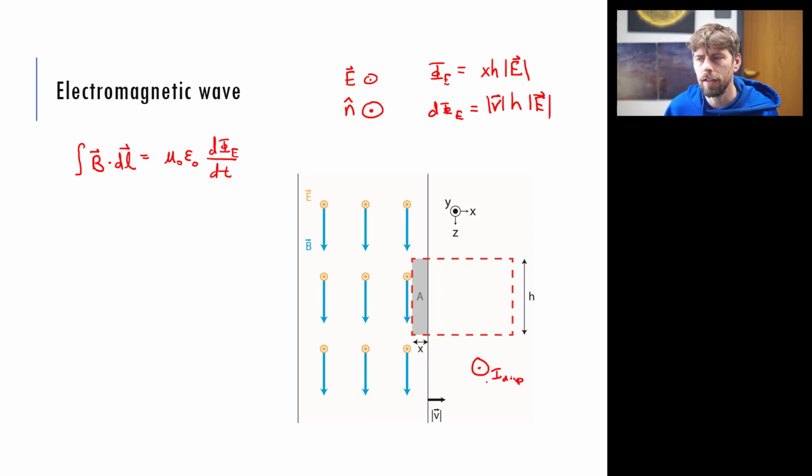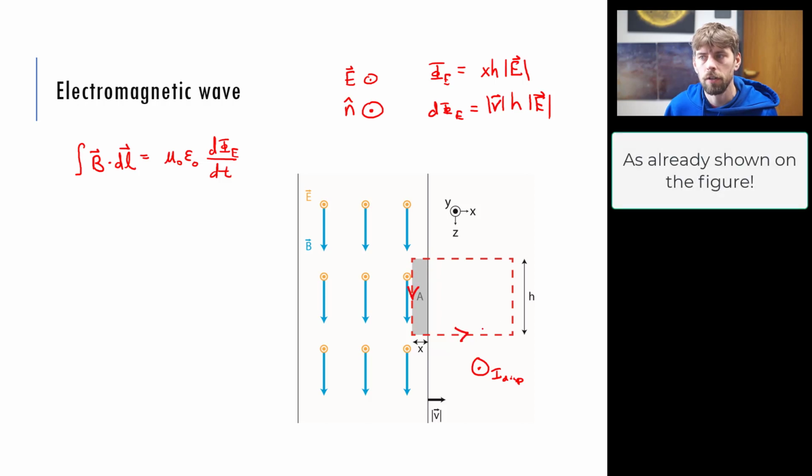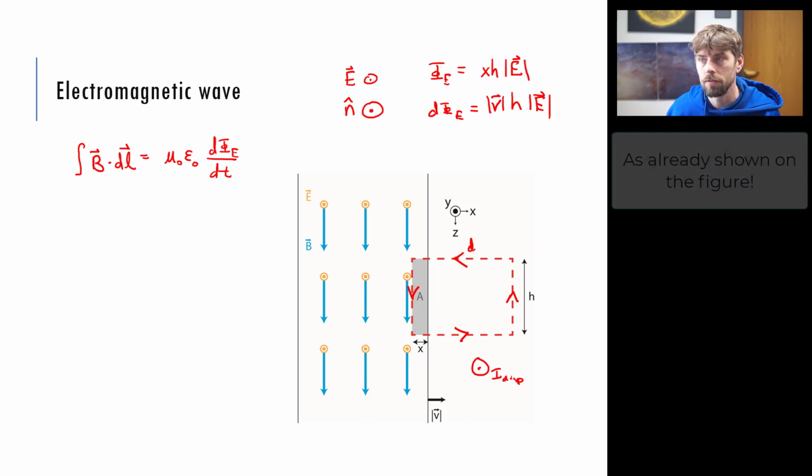And then if I think about the magnetic field due to that displacement current, I would get a magnetic field that is circulating counterclockwise around my loop. And so that's the direction of my dl.